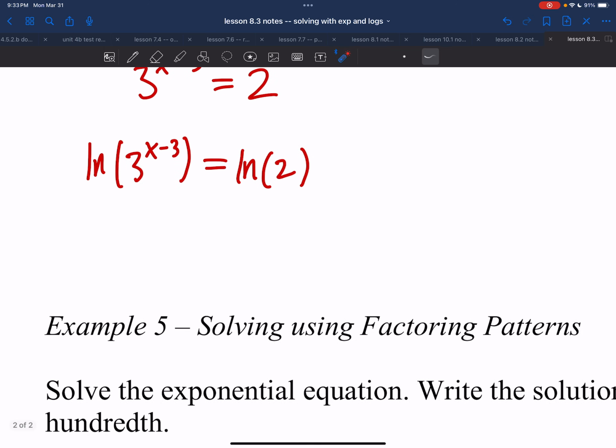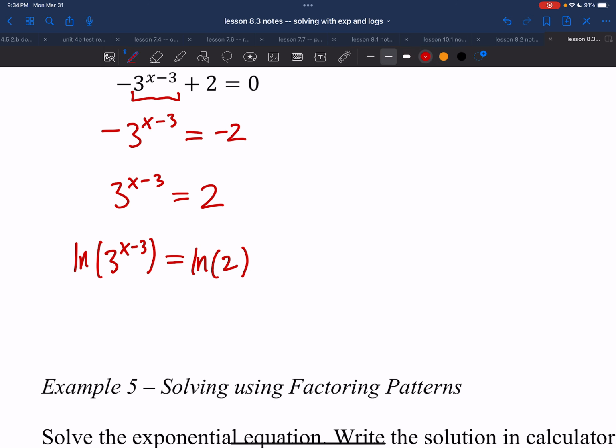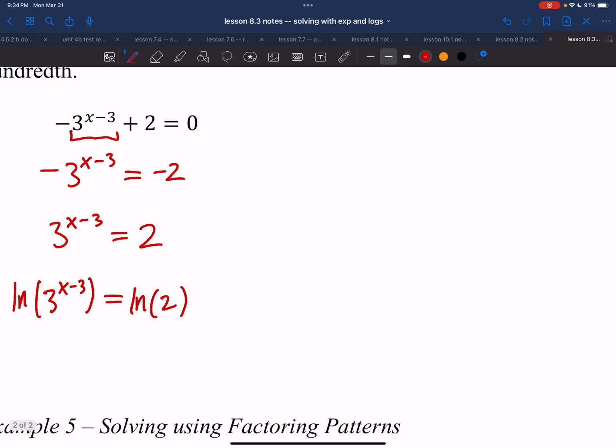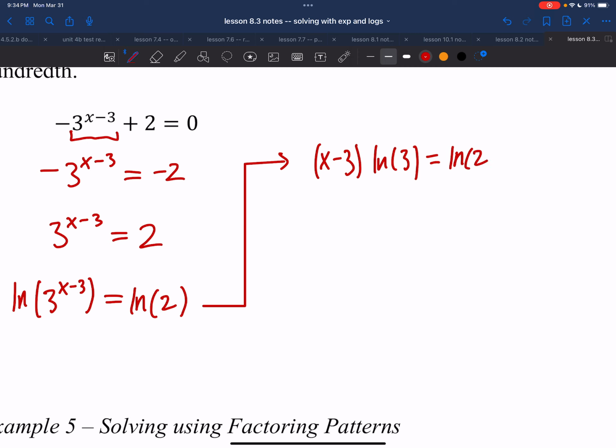Now, why do this? Well, because, as I just said, you can take the exponent now, right? So that in natural log of 3 to the x minus 3, the exponent x minus 3 can come out to the front, like so. And this removes it from the power.